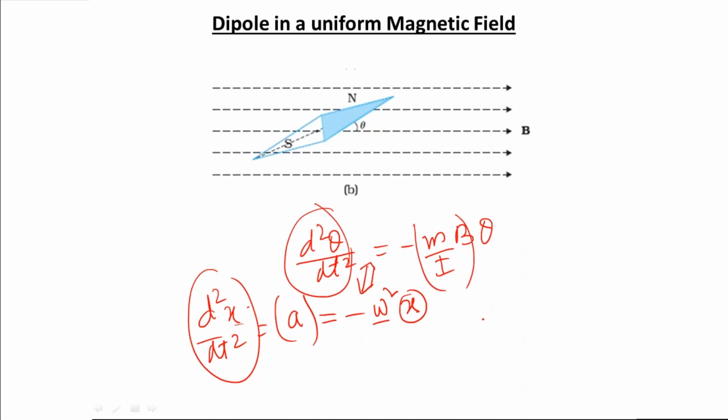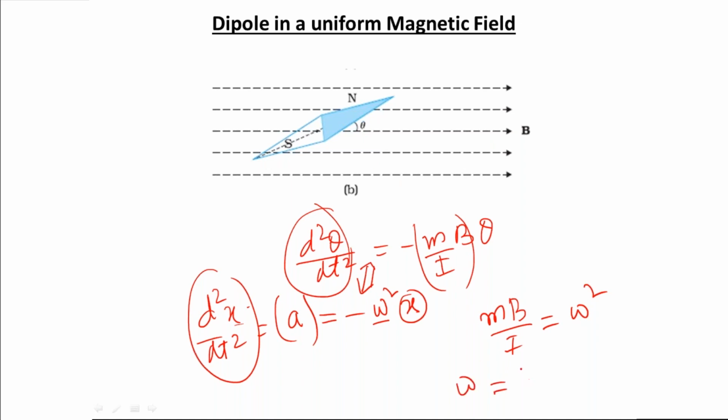You look at this particular term, mB by I. This is actually serving the purpose of omega square, just by comparing SHM, mechanical SHM, with the SHM for the compass needle.